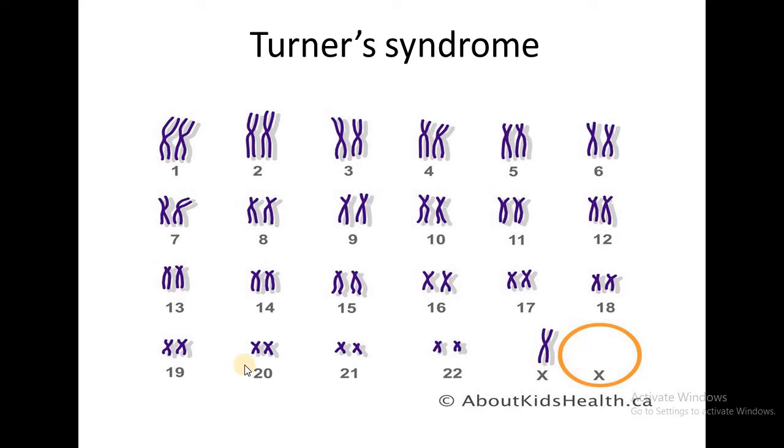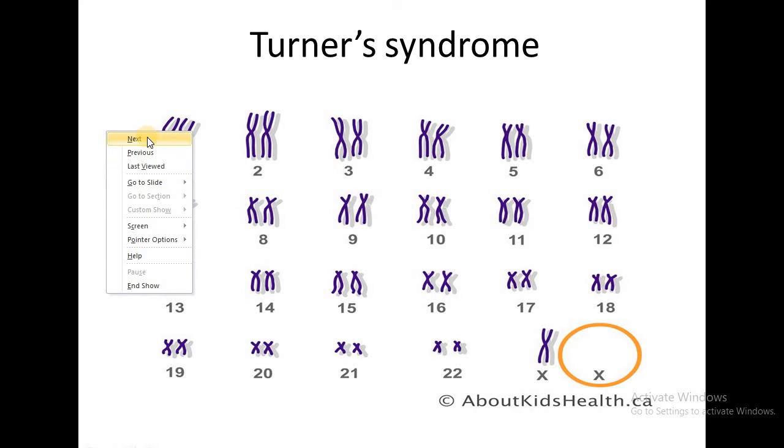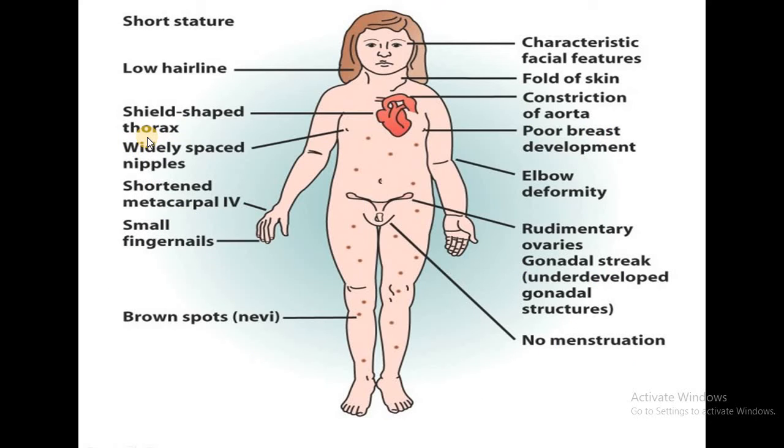When you go into the characteristic features of Turner syndrome, you can see they have short stature, low hairline, shield shaped thorax, widely spaced nipples, short metacarpals, small fingernails, brown spots on the nevi, and as I told you, there is no menstruation, amenorrhea.